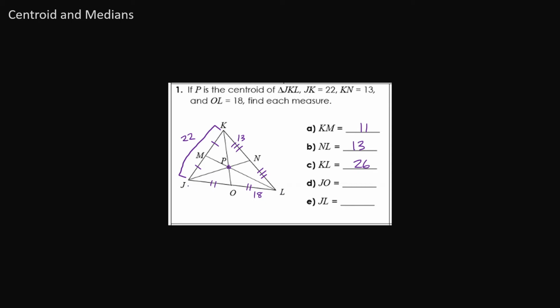LO is 18, that means JO is also 18. And JL, we're talking about the entire side of the triangle here. If we know that JO and LO are both 18, we just add that together. 18 plus 18, 36. So that's how we can use medians and properties of medians to find side lengths in triangles. For practice with that, try out problems 2 through 4.